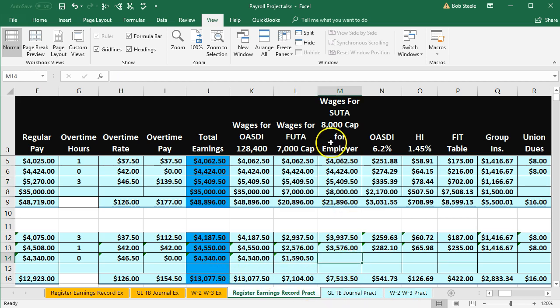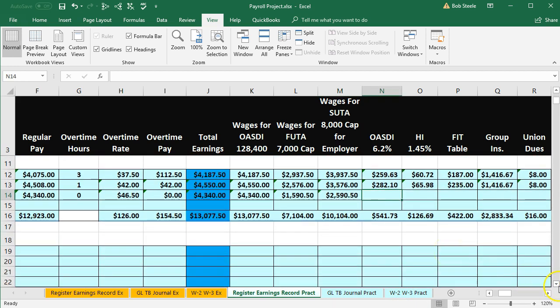Same thing for the SUTA except for the 8,000 cap. So it's going to equal 8,000 minus the SUTA wages from the prior time period, tab, that's going to be $2,590. This plus the prior time period is that $8,000 amount. Then we're going to have the OASDI. So I'm going to scroll back down.